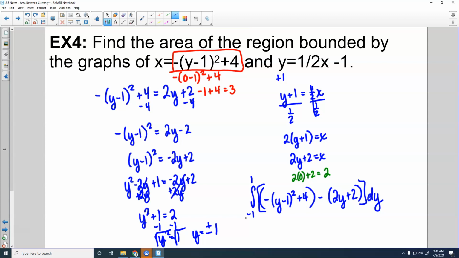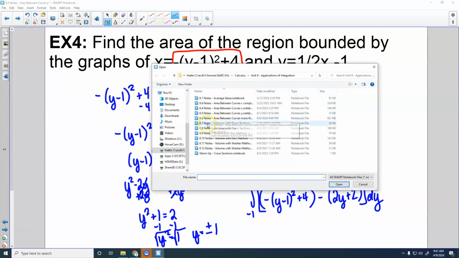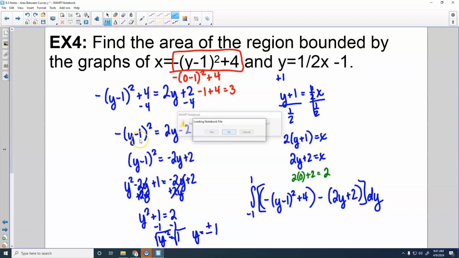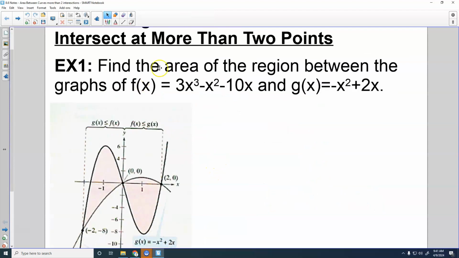The picture here on this next one is not good, but it'll be okay. So we are supposed to find the area of the region between the graphs of f of x, which is a cubic, and g of x, which is a quadratic.